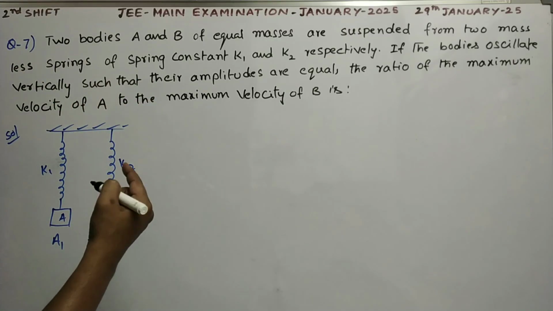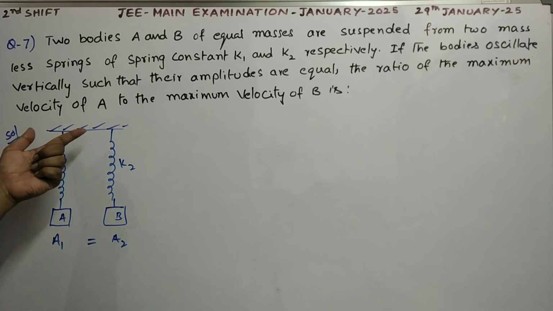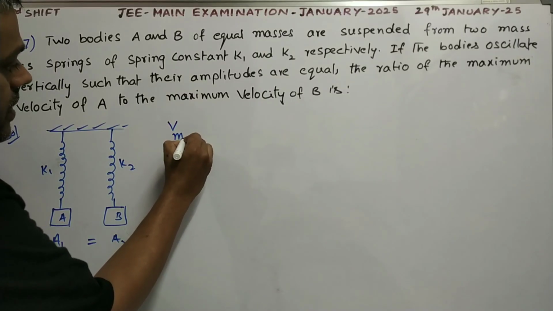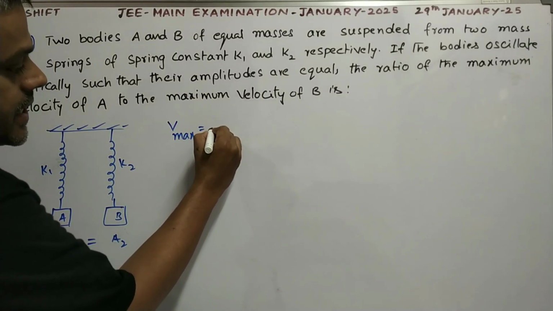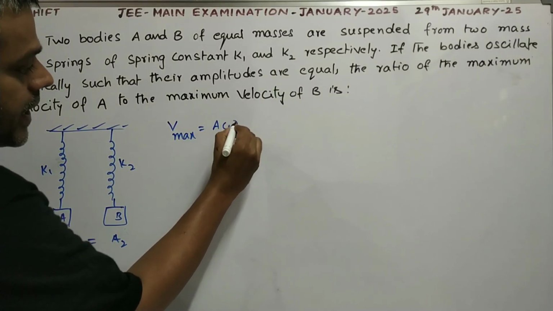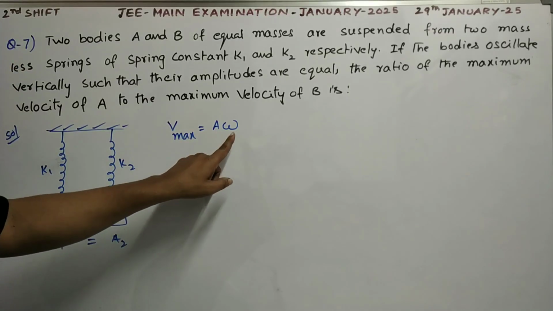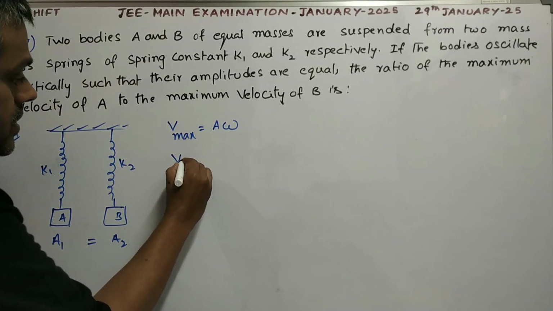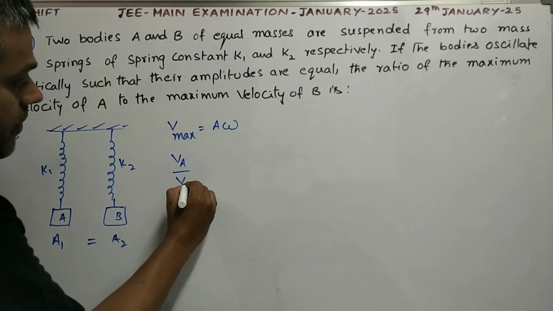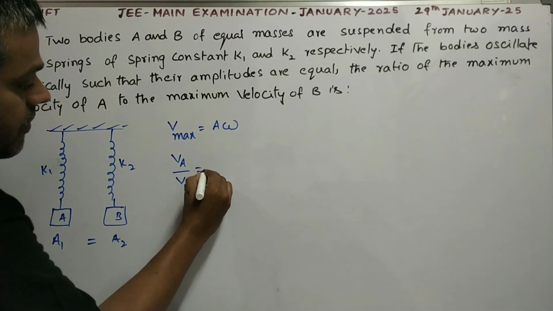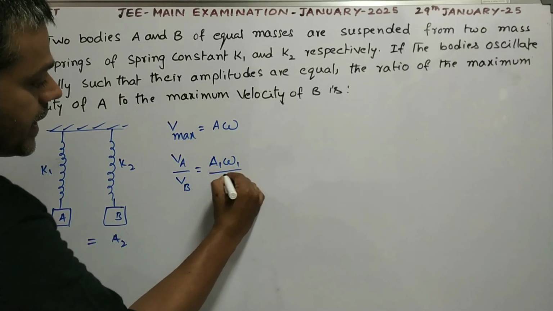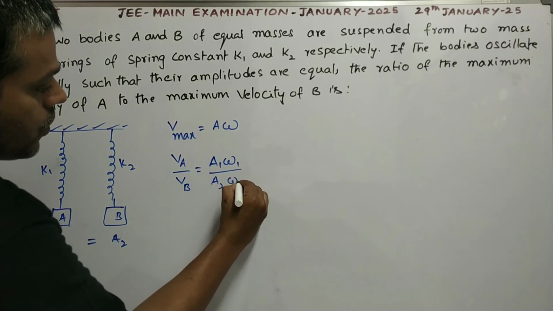So what is the maximum velocity of A to the maximum velocity of B? You know one thing, in SHM, the maximum velocity V is equal to A into omega. Here A is the amplitude. Omega is the angular velocity. So the maximum velocity of A to the maximum velocity of B is equal to A1 into omega 1 by A2 into omega 2.